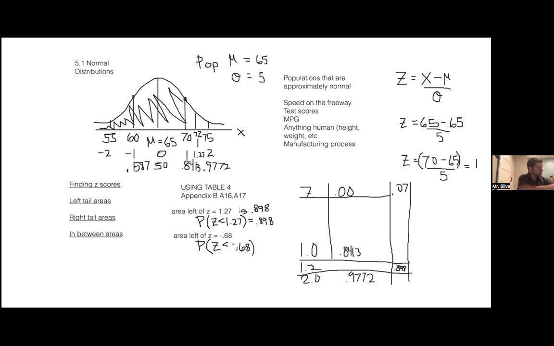Negative 0.6. Go all the way down near the bottom, 0.6. Go over 2 spaces. At the top, it's 0.8. You kind of got to use your finger or maybe a ruler to guide. 0.2483, 24.8th percentile.